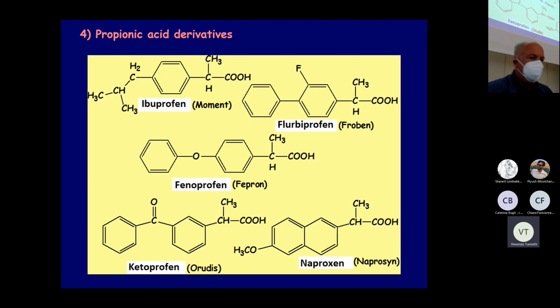The FDA, the American Federal Drug Agency, says that if we have 2 enantiomers only the active enantiomer can be sold on the market.